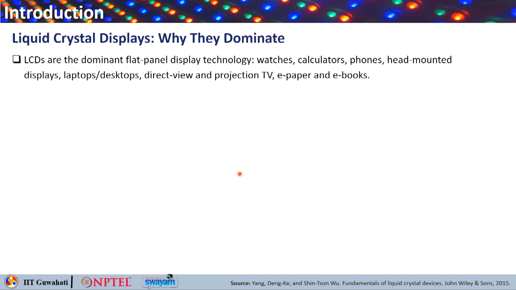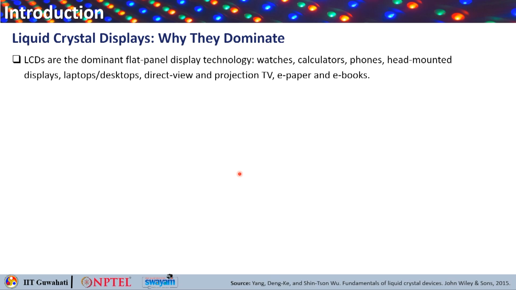So LCDs are everywhere, from simple wristwatch displays to large screen televisions, precisely because they are flat, lightweight, energy efficient, and they operate at low voltage compared to the older technologies like CRT.